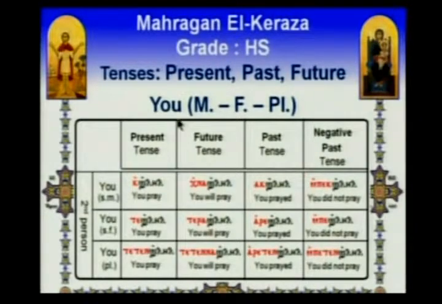The next slide goes to the same four tenses as we discussed with the I and we. And here it is for the word you. You, as we said before in the possessive articles and all these things, we have three yous in Coptic. You when you are talking to a boy, you when you are talking to a girl, and you when you are talking to plural, a group of people.